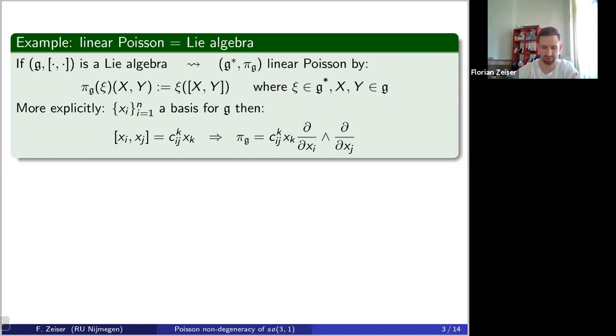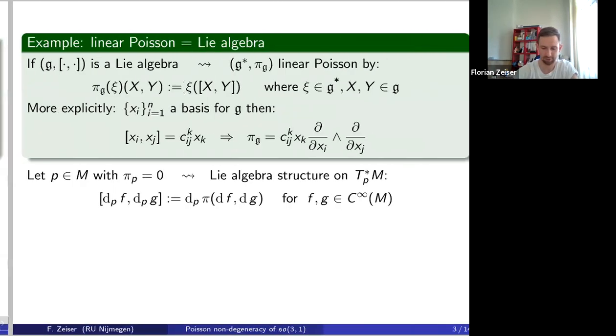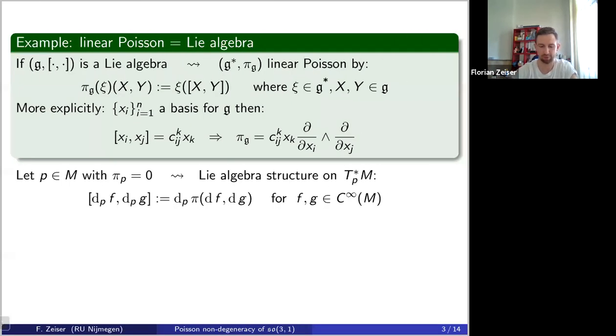Now, given a Poisson manifold and a point where the Poisson structure vanishes, there is a natural Lie algebra structure on the cotangent space of that point, and it's defined in the following way. We can represent every cotangent vector with the differential of a function. So the Lie bracket of two such elements is simply given by the differential of π(df, dg) evaluated at that point.